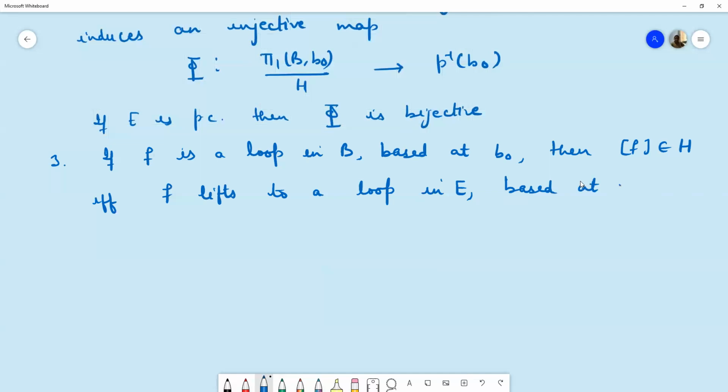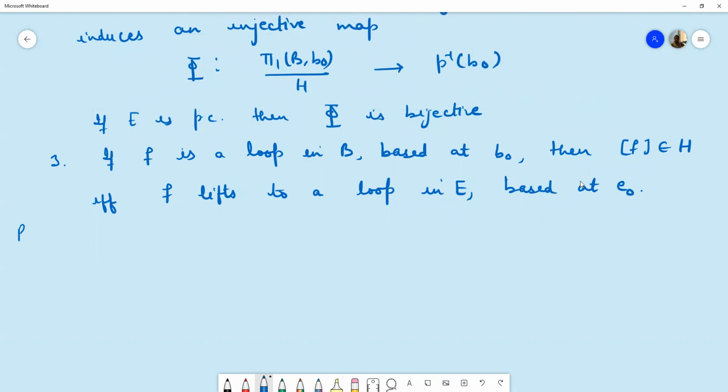So this part basically proves that if f is a loop in space B based at b0, then its lifting will also be a loop in E based at e0, if and only if the path homotopy class of that path f belongs to H, meaning it belongs to the image of the homomorphism P star. So now we will prove it.